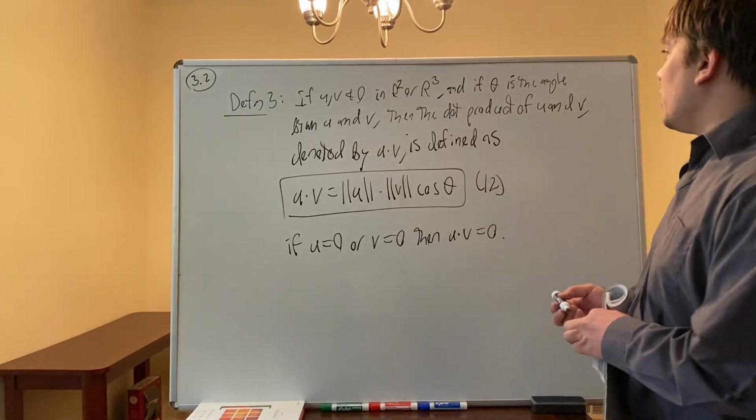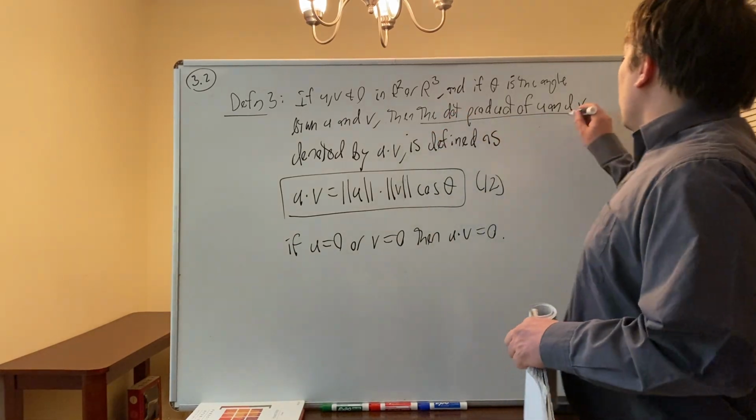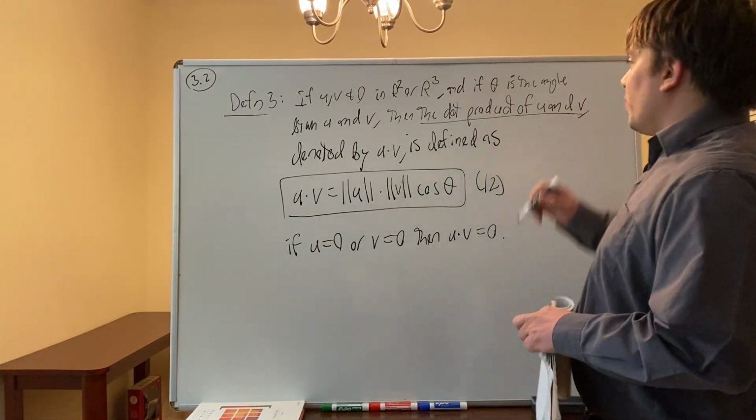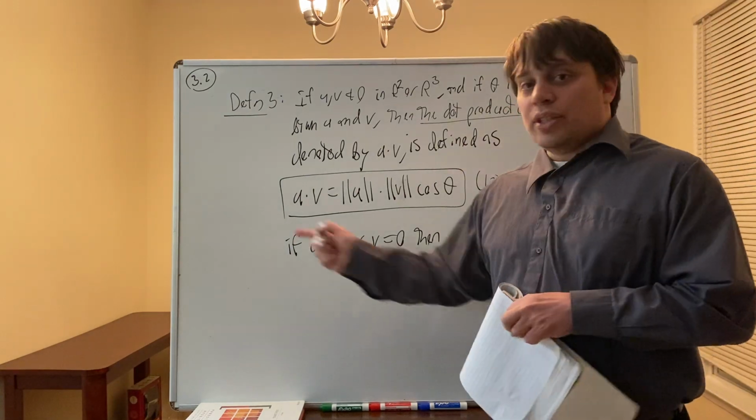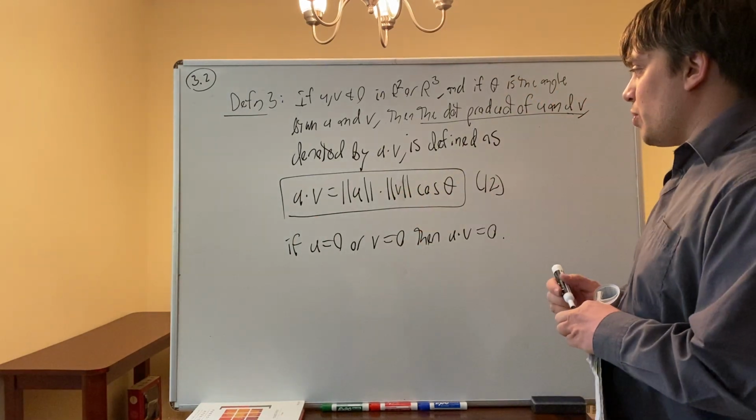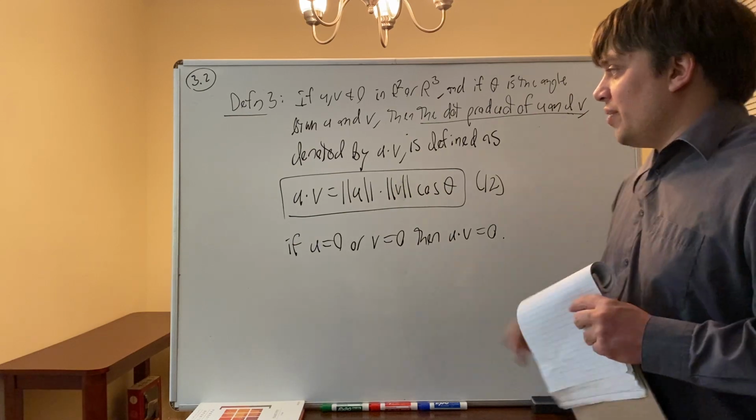This is the definition of the dot product of non-zero vectors U and V in R2 or R3. U dot V is equal to the norm of U times the norm of V times cosine of the angle between them.